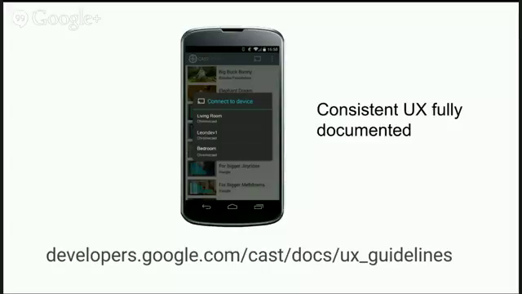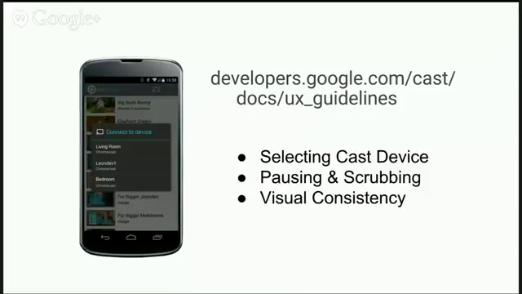So users, once familiar with it, will always know to look for that. The UX guidelines explain the user interface for selecting Cast devices on local networks, how to play, pause, and even how the scrubbing controls should look, and provide an easy way to make sure the users can use your app easily through visual consistency for all Cast-enabled apps.